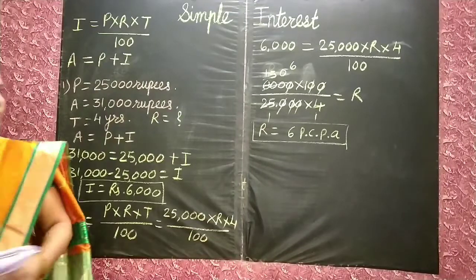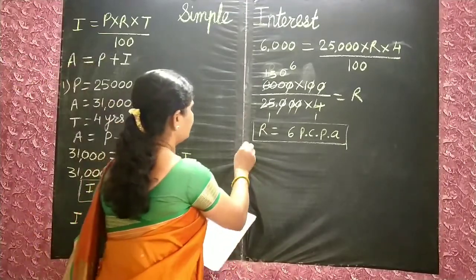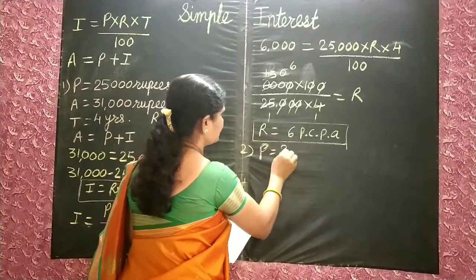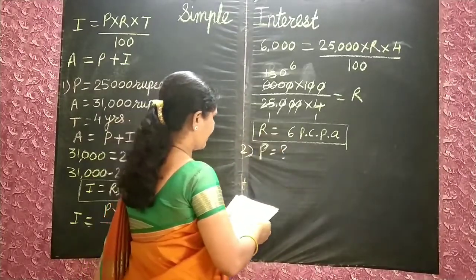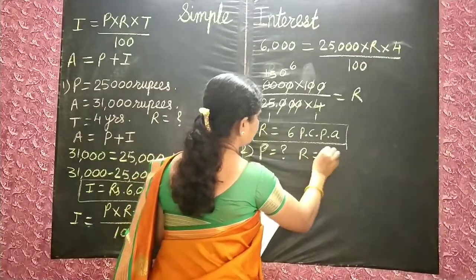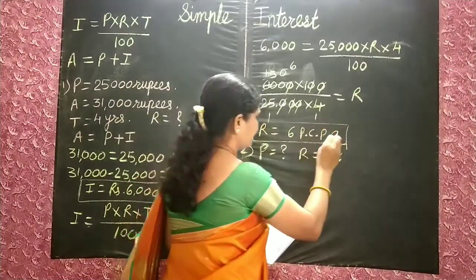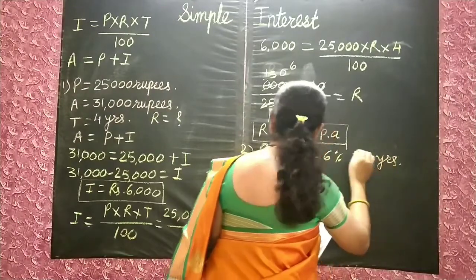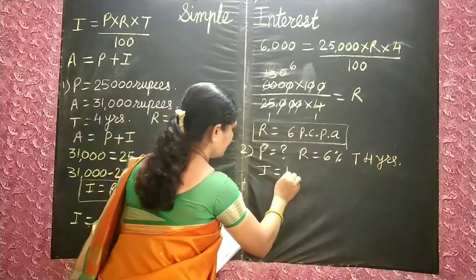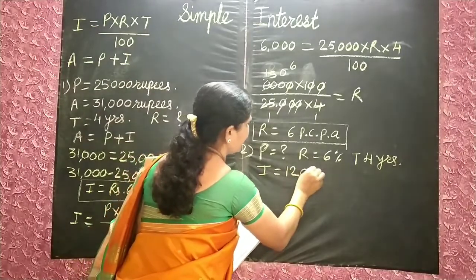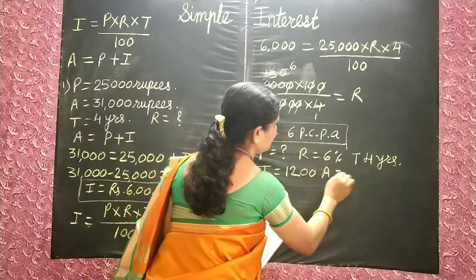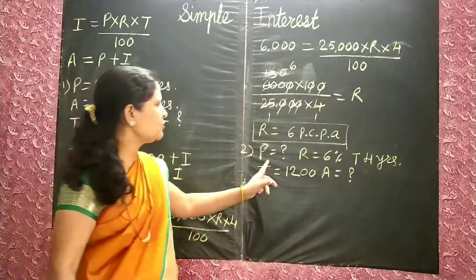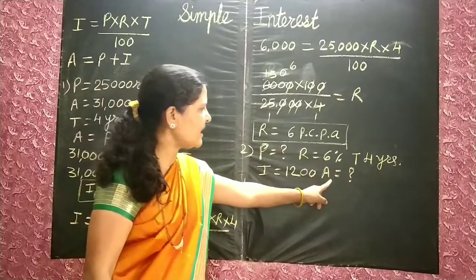In the second example, principal is not given, and suppose we are going to find the principal. Rate of interest is given, 6%, time is given, 4 years, and interest is given, 1200, and we have to find the amount. Now again two things we have to find, principal and amount.